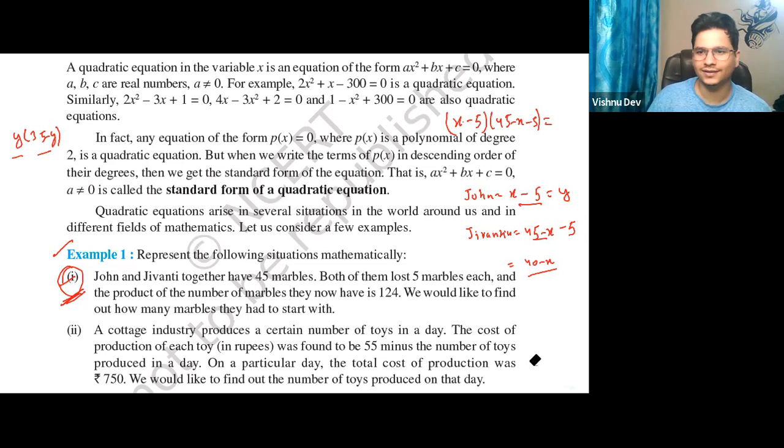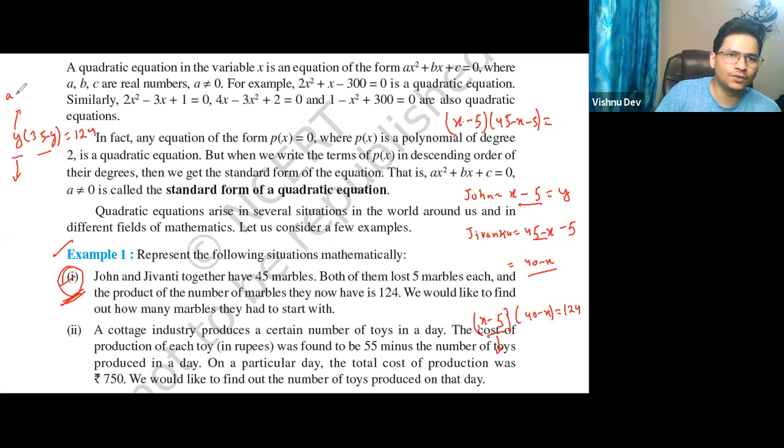So I can say that this is also 124, and x minus 5 into 40 minus x equal to 124. अब तुमको समझना है कि y और x में डिफरेंस क्या है? y is after losing, number of marbles John have after losing.